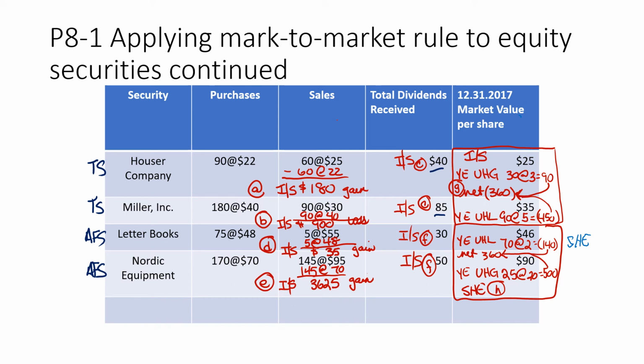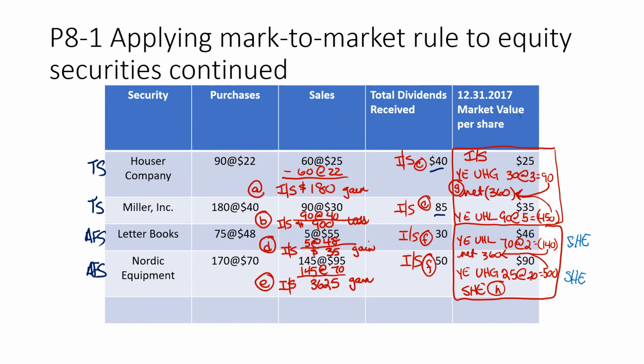And that again shows up in shareholders' equity. It does not show up on the income statement, does it? So what's our net shareholders' equity amount that shows up in other comprehensive income? It's 500 minus 140, or $360.